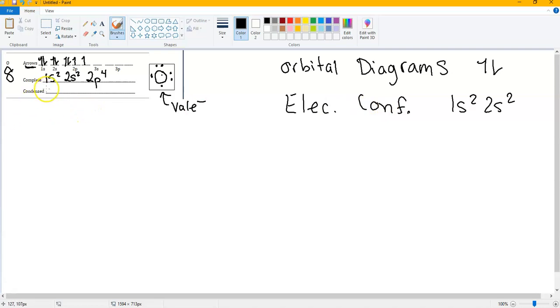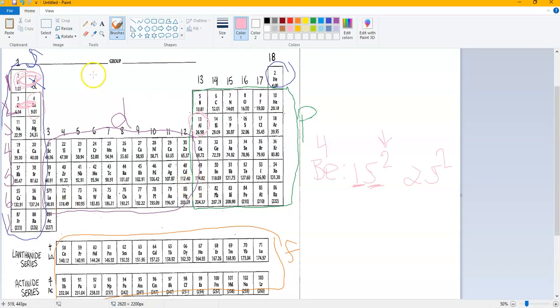Now I'd like to go over the condensed electron configuration. So if you look at the periodic table, you can see that if I were to do tungsten, W, I would have to write out 1s2, 2s2, 2p6, 3s2, 3p6, 3d10, 4s2, 4p6, and I would just have to keep going and going and going. And it gets kind of tedious. So what we do is we actually use noble gases to make our electron configuration smaller.